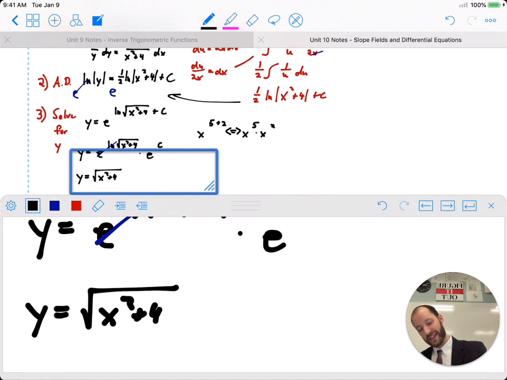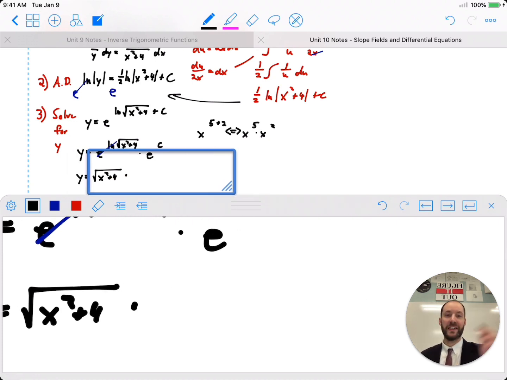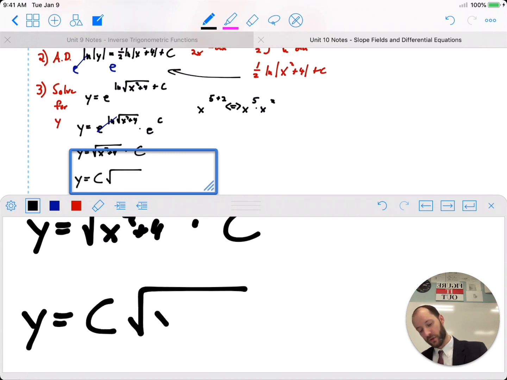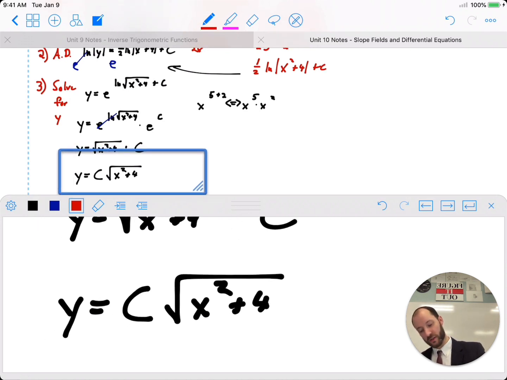And e to the power of c. C is some constant, e is some constant. So a constant to a constant is just a constant. So y equals c root x squared plus 4. And we have our general solution.